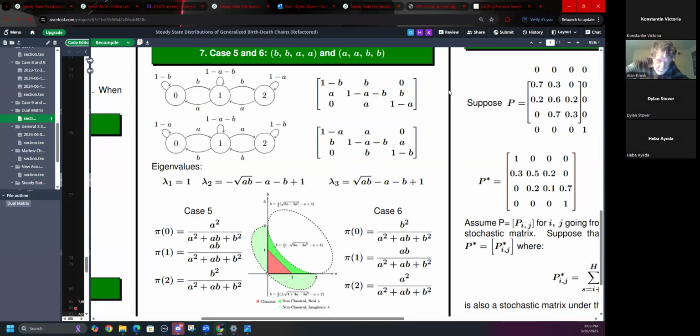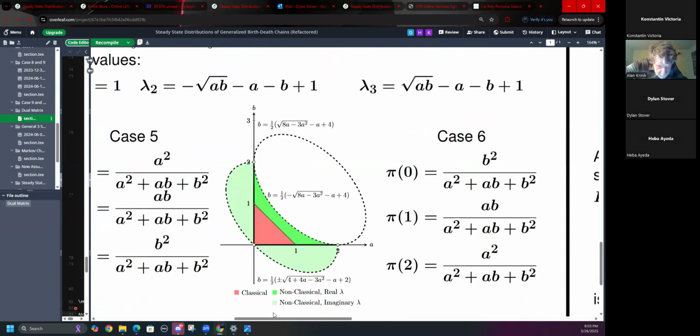And again, the red is the classical region where there are probabilities. I think what's going on here, though I'd have to, maybe I can blow that up. Yeah, red is the classical. If you can zoom in on this caption underneath it, it would probably give you the detail.